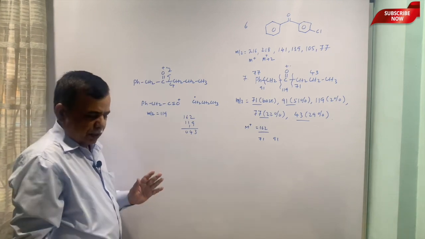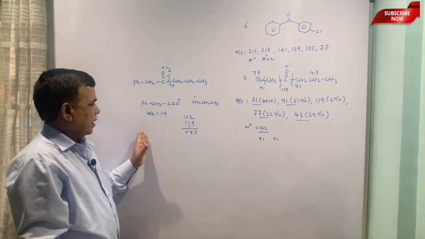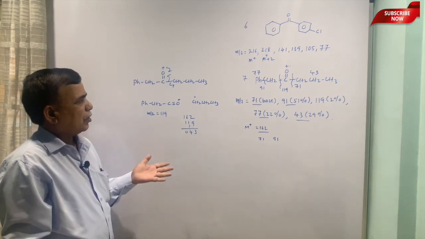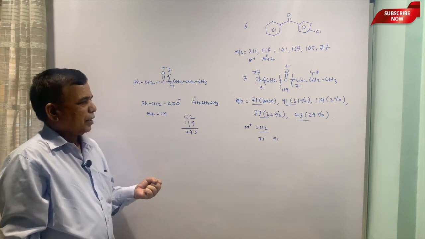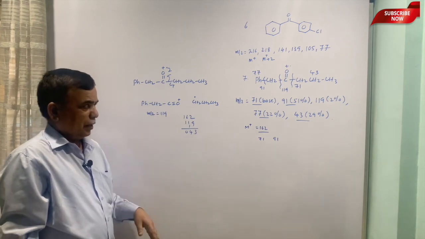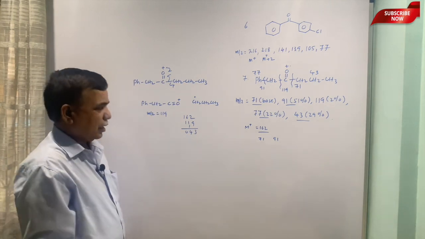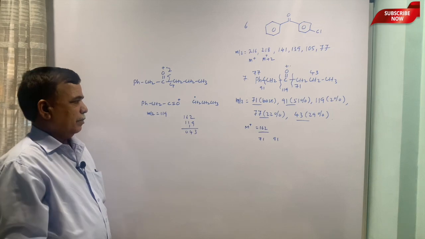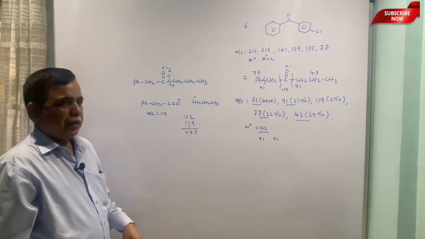The positively charged species would be detected by the detectors in the mass spectrometer, and thereby they will appear in your mass spectrum, that is relative abundance versus M by Z ratios. Okay. That's all for today. Thank you very much.